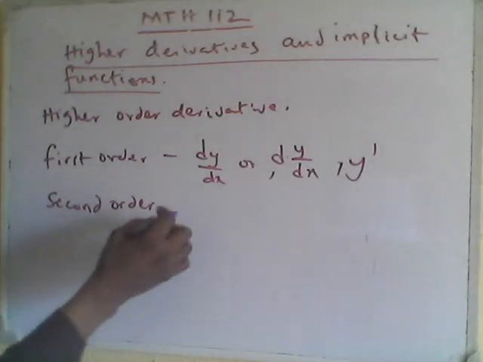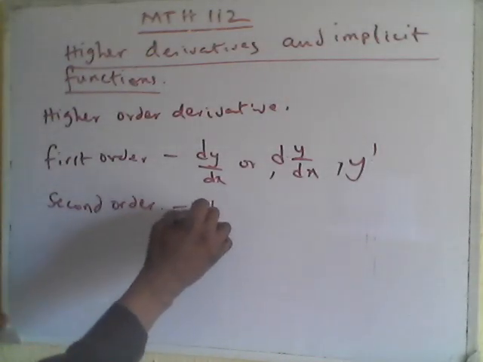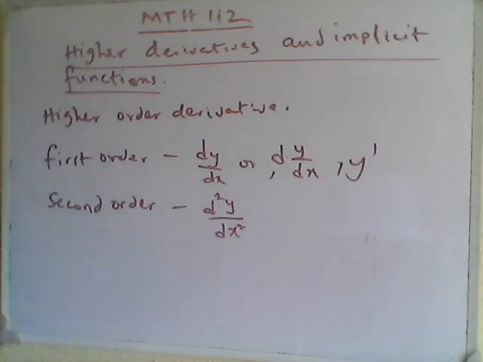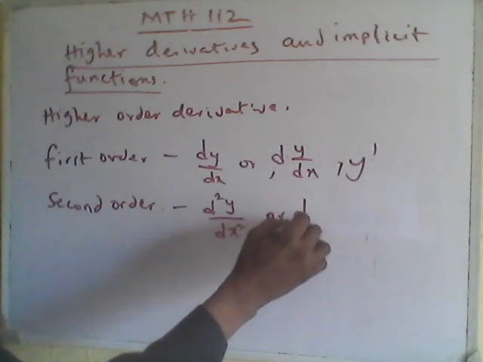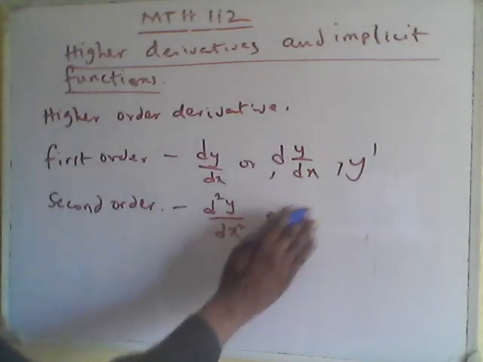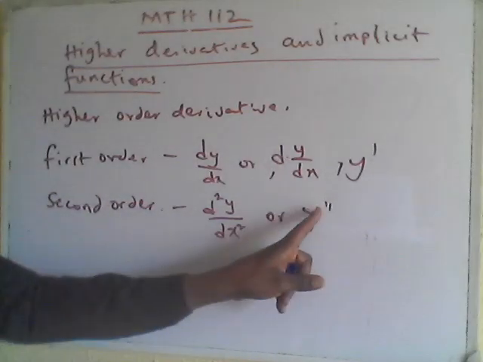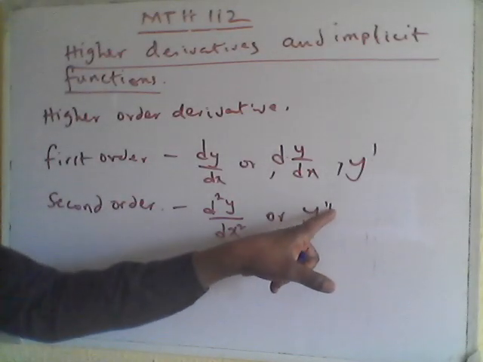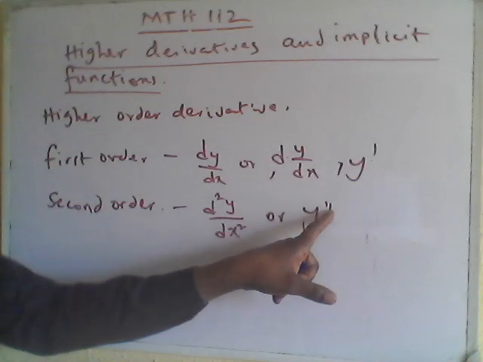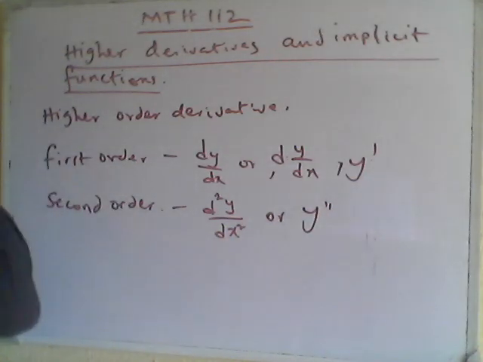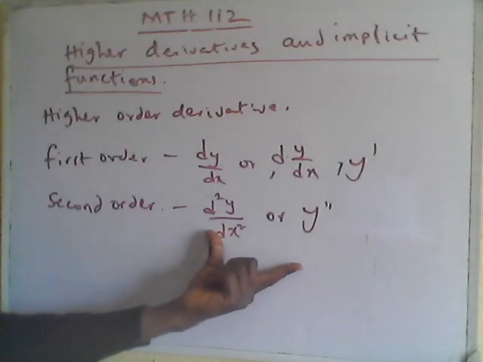So for second order, I have d²y over dx squared, or y double prime. The two primes show that it is the second order derivative. So you can call it the second order derivative.